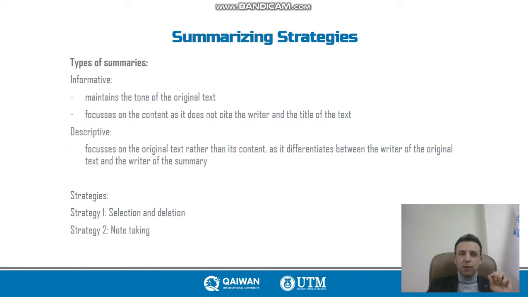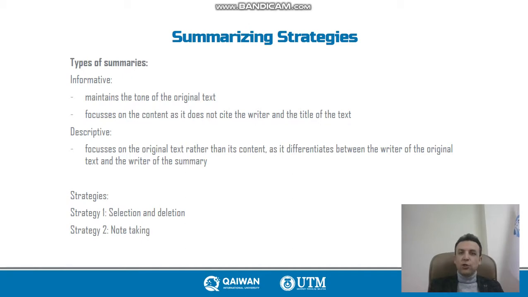Descriptive summaries are mainly used in reviews, for example, in product reviews, or in analyzing text. When we are reviewing a text or analyzing a text, we need to mention the source, we need to mention the name of the writer. Like for example, in a product review, when we mention the name of the product.